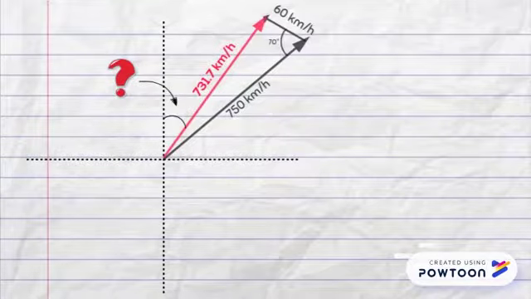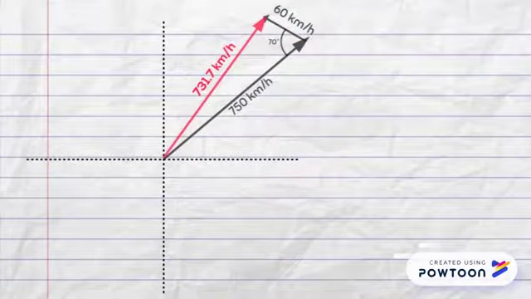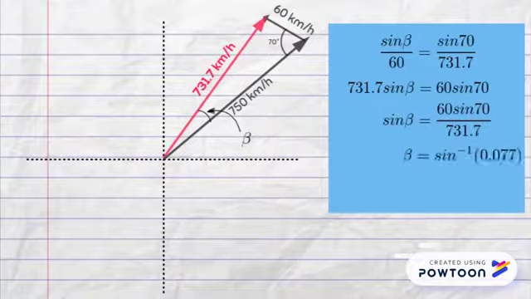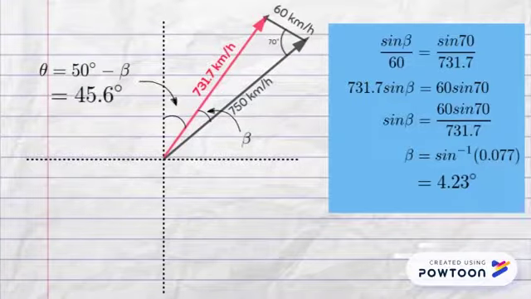We can find this by using the sine rule, as we already know two magnitudes and one angle of the triangle. Angle beta inside the triangle is calculated as sine beta over 60 equals sine 70 over 731.7. Therefore, beta equals 4.42 degrees. Now we can get our final heading. So theta equals our original angle minus beta, which equals 45.6 degrees.